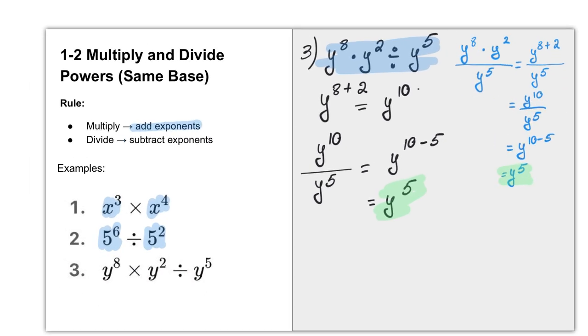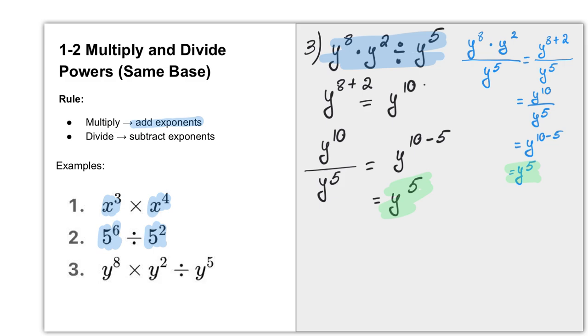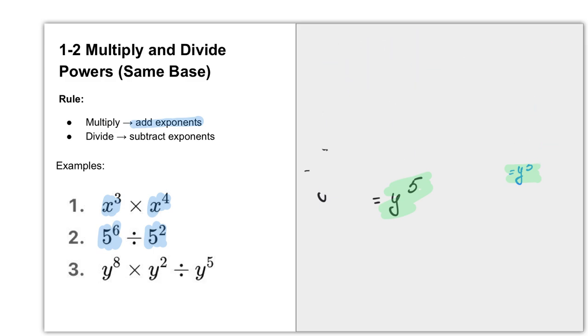Let's go ahead and summarize what we learned and write the rule down. So, multiplying and dividing powers. When we're multiplying, we're adding the exponents. So let's go ahead and say multiply.